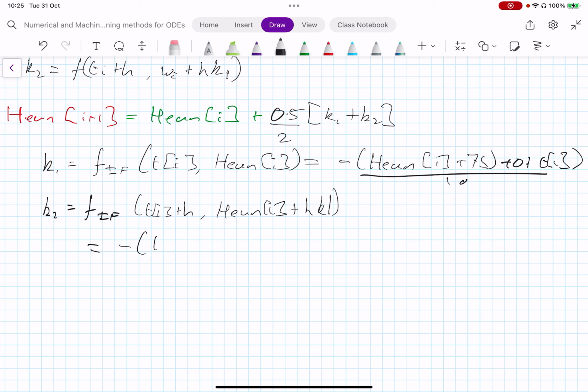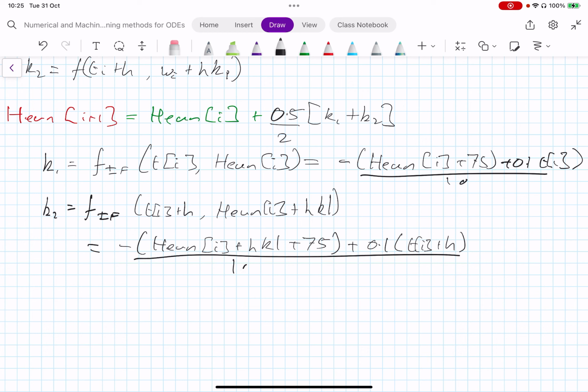That's equal to minus Heun i plus h times k1 plus 75 plus 0.1 times t_i plus h, all divided by 10. And that's it. And that's for i is equal to 0 to 899.